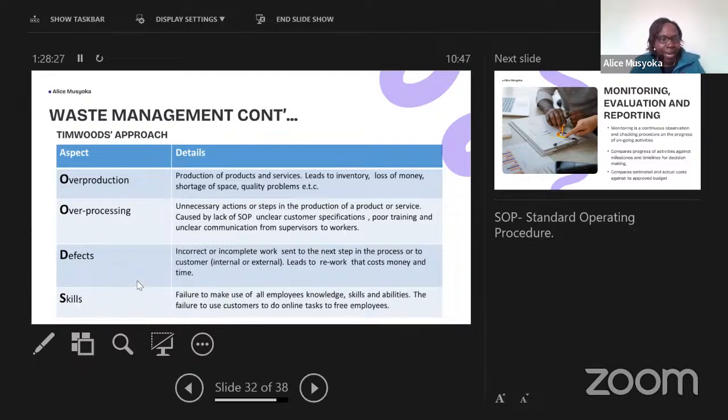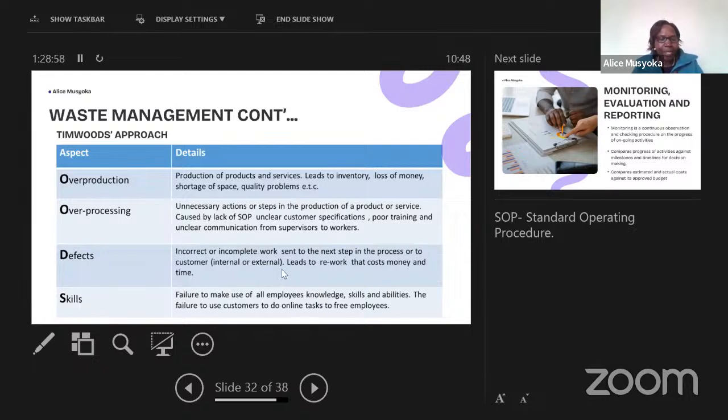Then we have the waste in terms of defects, where we have incorrect or incomplete work sent to the next step in the process or to the customer, whether internal or external. This leads to reworks that cost money and time. Defects leading to scrap.